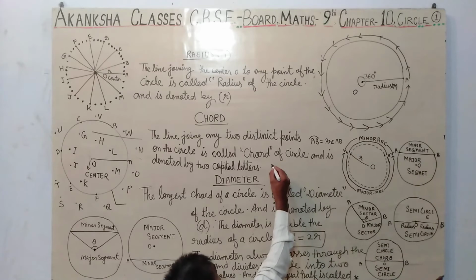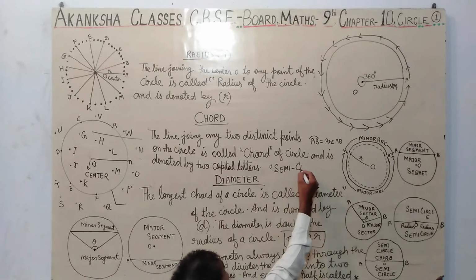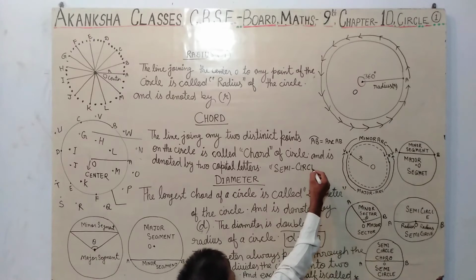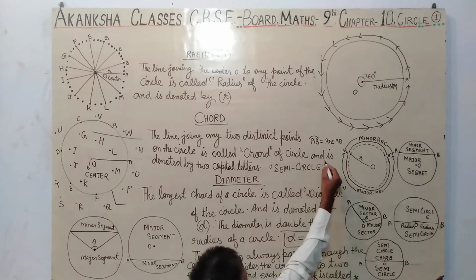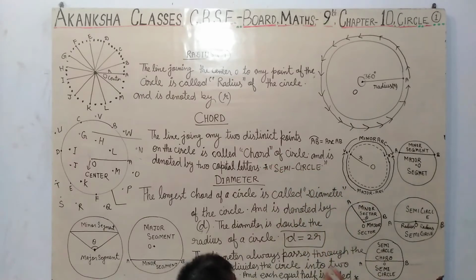Right here, semicircle. The remaining downward part is also a semicircle.